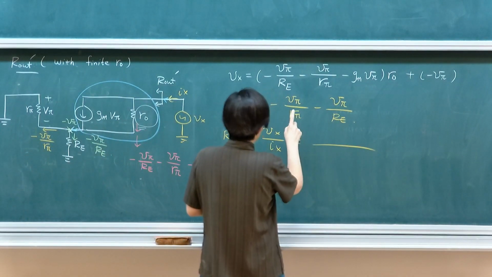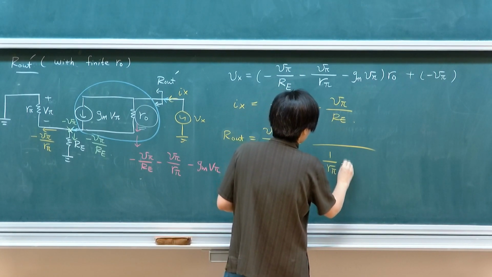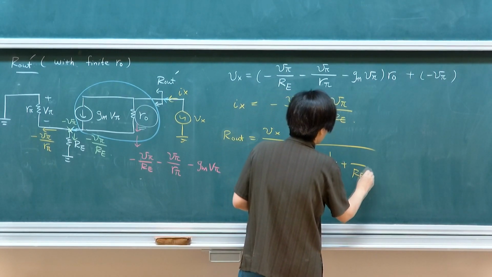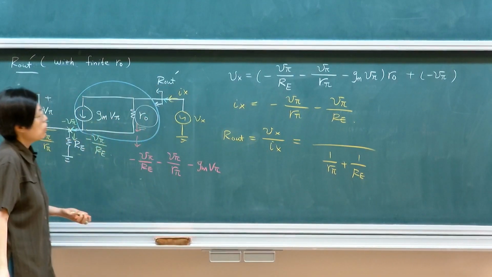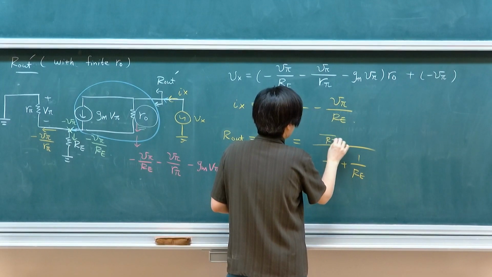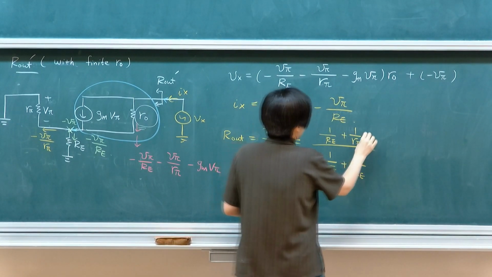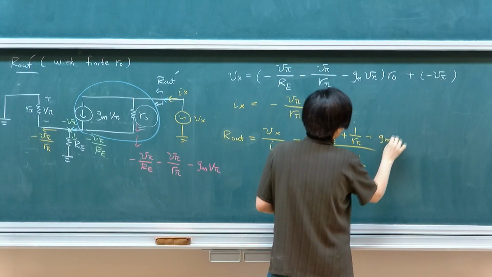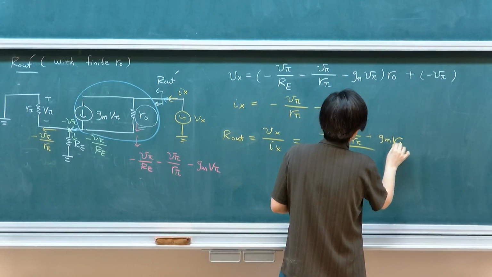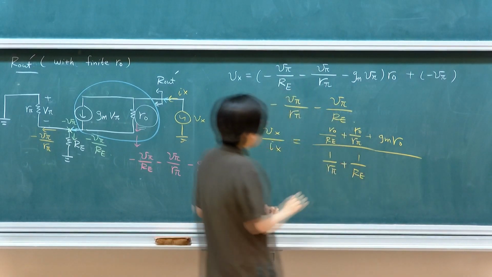Add the positives, so the denominator is 1 over R pi plus 1 over RE, right? And the numerator will be RE plus R pi plus GM RO. It will be RO. Did I miss anything?